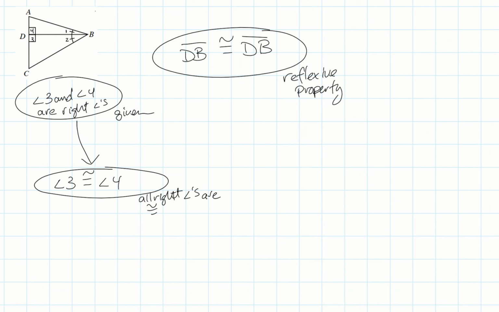I now have a pair of congruent angles and a pair of congruent sides, and I got the other set of angles on the other end. And just to demonstrate this, I'm going to name these angles using the 3 vertex thing.